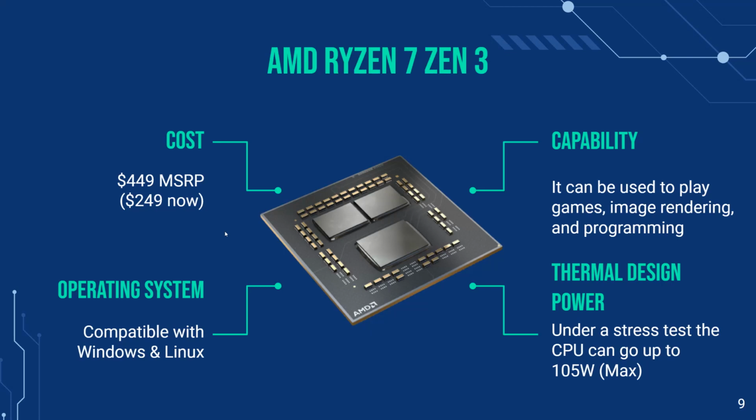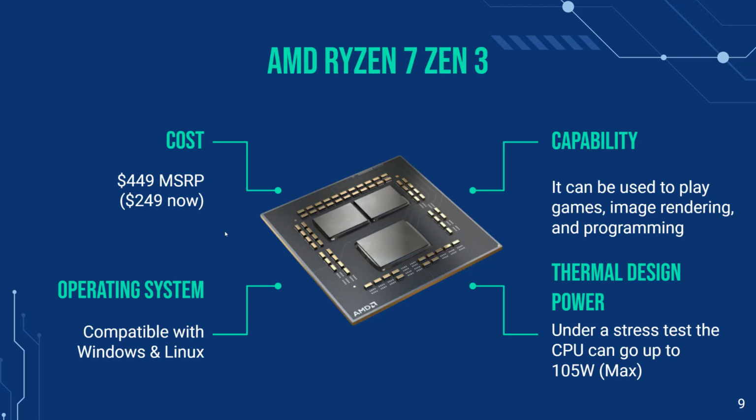The AMD processor is, I would say, the high-end processor that we're using for this project, since it is a costly processor. It starts at $449 original price, but since it is around 2 to 3 years old, the price has come down to $249. This processor is compatible with Windows and Linux, and again, we can play games on it, do some image rendering or programming.